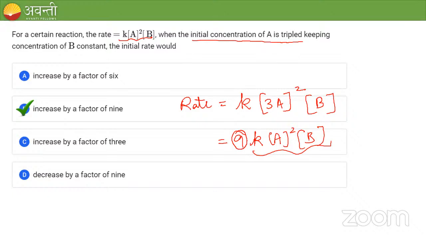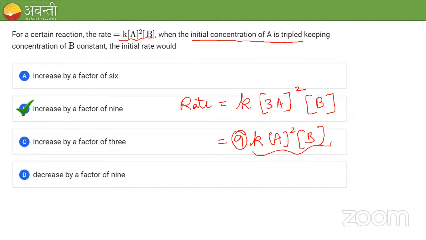Decrease means we may have a minus sign in front. Increase by a factor of 9 means we may have minus 9. But that kind of answer mostly we won't get. The rate may get decreased sometimes when we decrease the concentration. But here we are increasing the concentration.